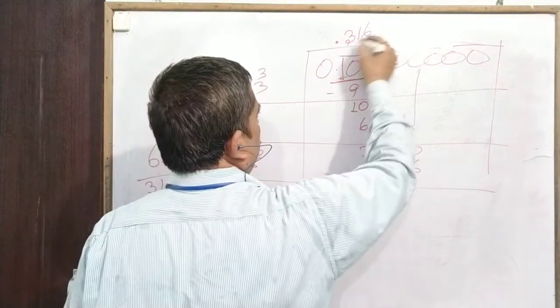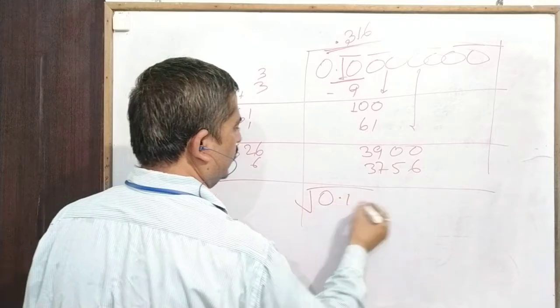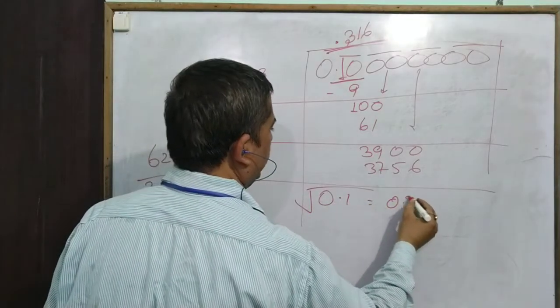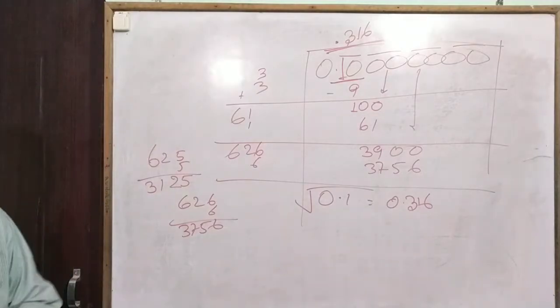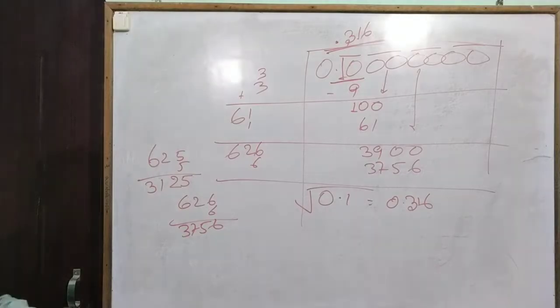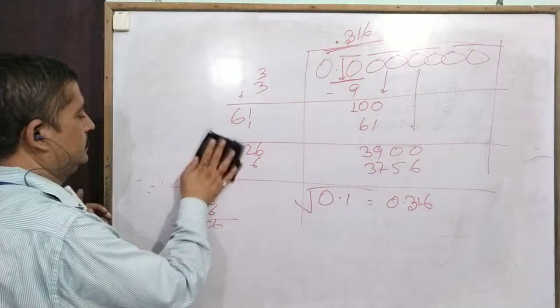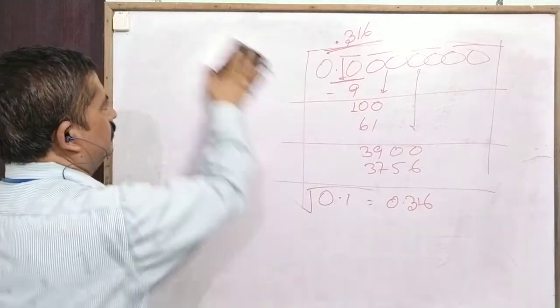So the value of the square root of 0.1 equals 0.316. Next question we discuss about that.